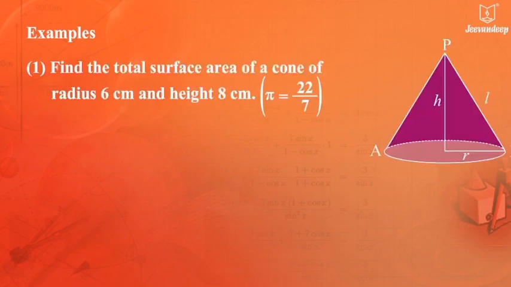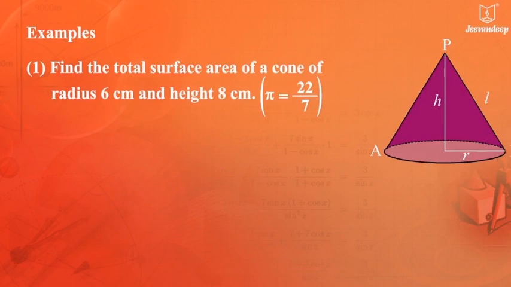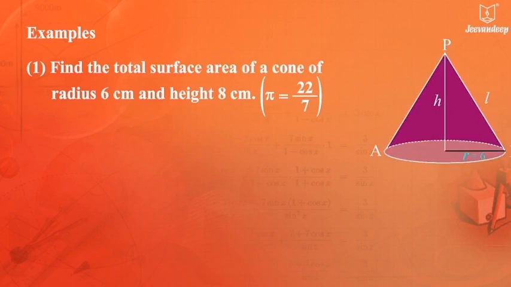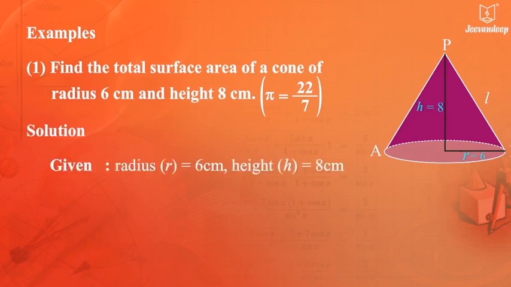Examples. 1. Find the total surface area of a cone of radius 6 centimeters and height 8 centimeters. Pi equals 22 upon 7. Solution. Given radius r equals 6 centimeters, height h equals 8 centimeters.